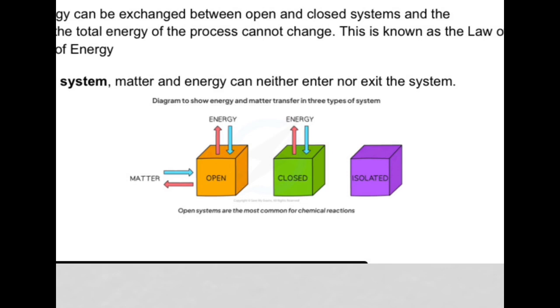But the total energy of the process will not change, because according to the law of conservation of energy, energy cannot be created or destroyed. So there's only transfer of energy in a closed system. And in an isolated system, neither matter nor energy goes in or out. So there's transfer of neither matter nor energy.